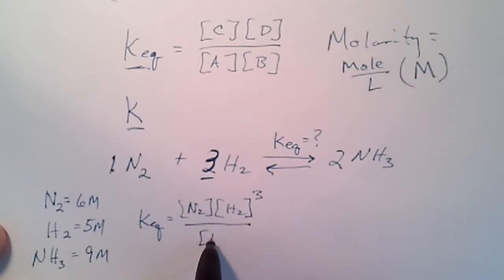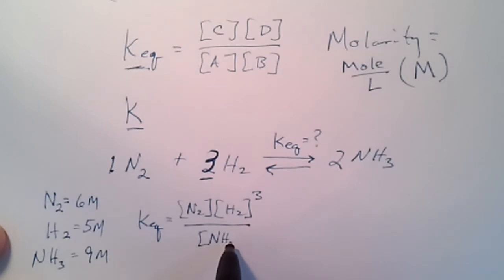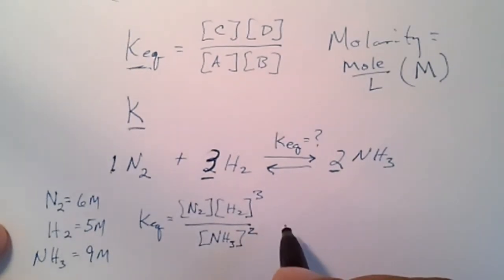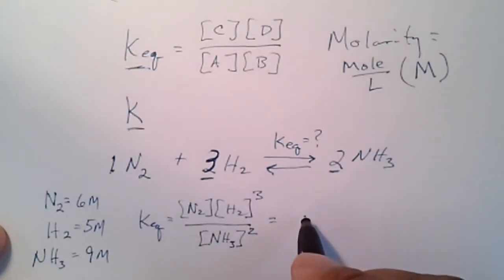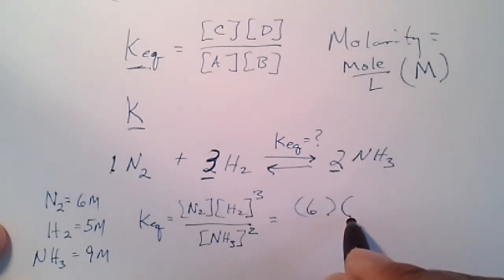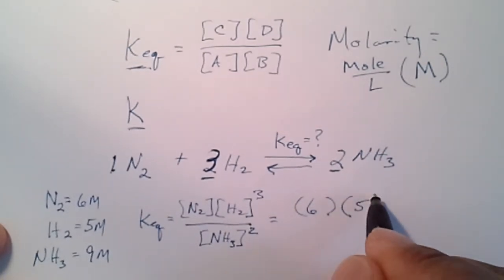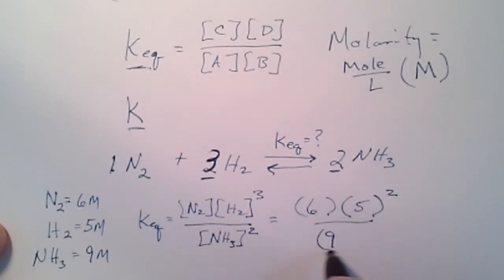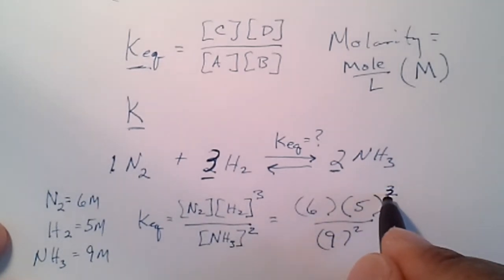And then divided by the concentration of our product, it too has a coefficient of 2. And so we place our values in. We'll say 6 molar times 5 molar cubed divided by 9 molar squared.